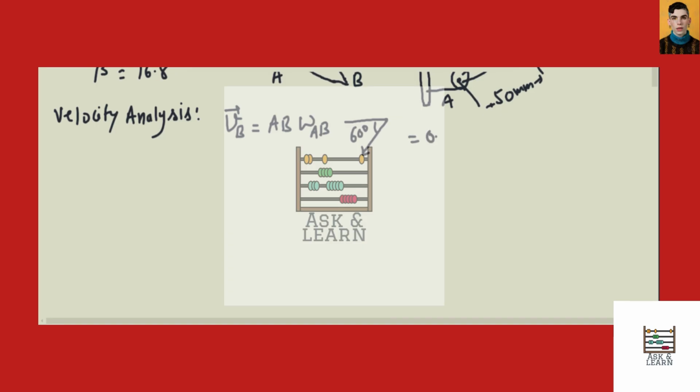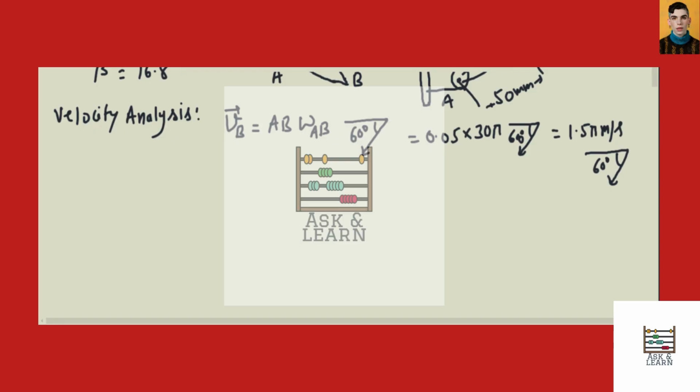AB is 0.05, omega is 30 pi. So you will get 1.5 pi meter per second in this direction.